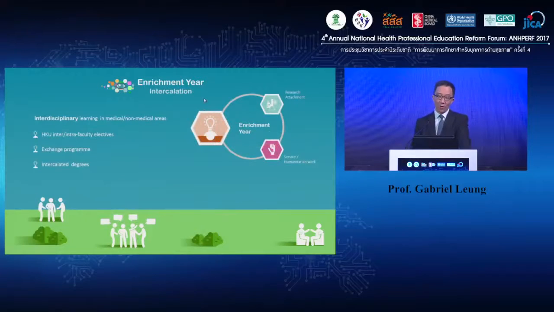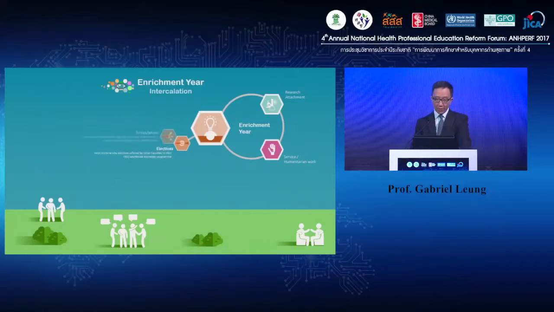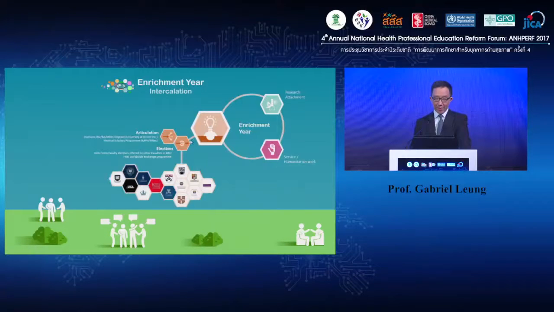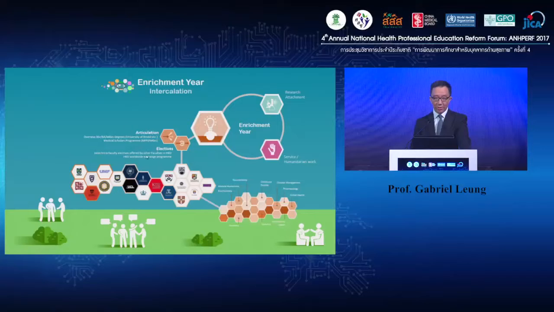Or they can go, as I say, either within Hong Kong U or go in an exchange program or even do intercalated degrees, all very, very densely packed into 12 months in Hong Kong U or around the world. So you can see they can articulate to do an additional degree, or they can do electives at any of these places in any of these subjects, half of which has nothing to do with science or medicine.